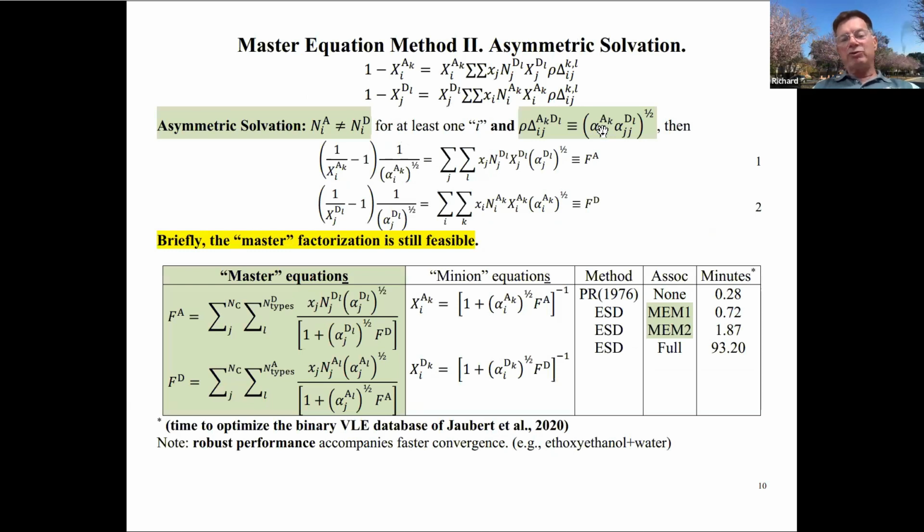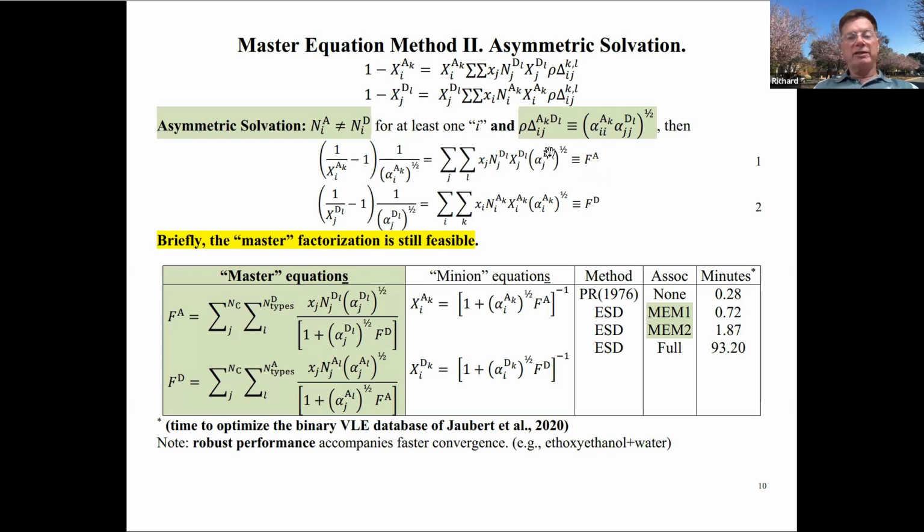And I've got to keep track of, is this the acceptor on molecule I or the acceptor on molecule J? So I always write it this way. If I want to talk about the alpha for the donor on molecule I, then I will write that as alpha D K sub I I. So it's a little bit more specific, and you have to be careful with these superscripts and subscripts.